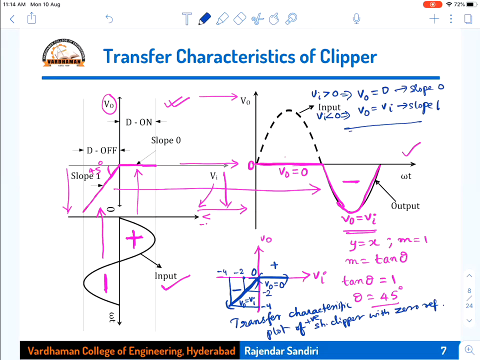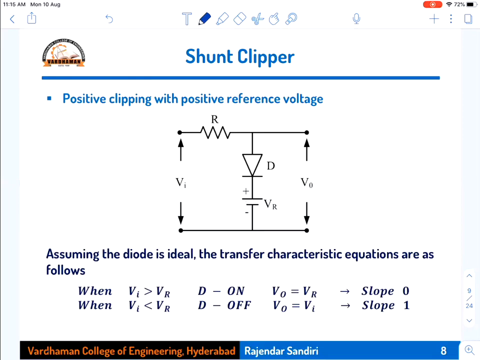These are called the characteristic equations, and this is called the characteristic plot. The circuit diagram, the name, the input-output waveforms, the characteristic equations and the plot are the five things you should remember. This is for one circuit; similarly, do it for the remaining circuits. This much depth of analysis is not required, I hope, because you have understood now.